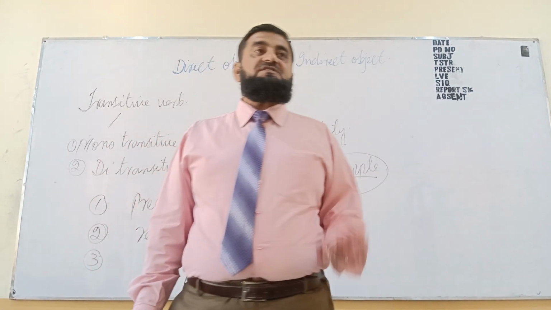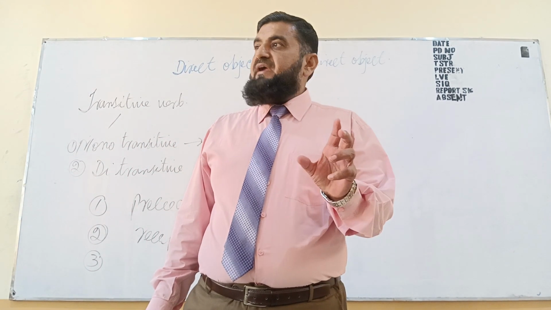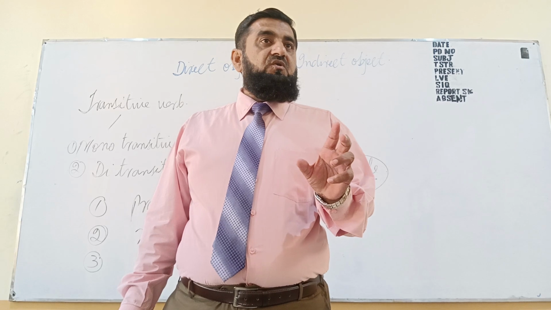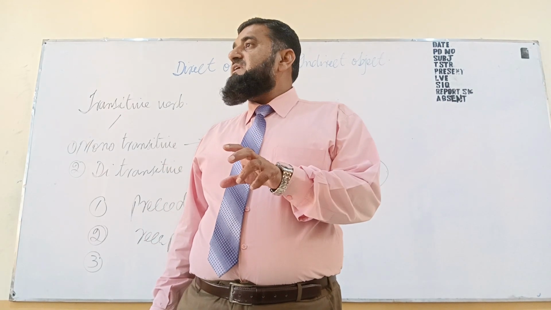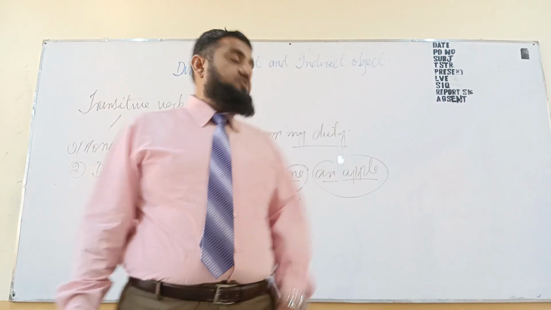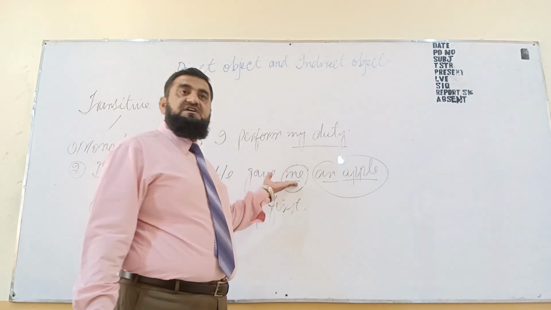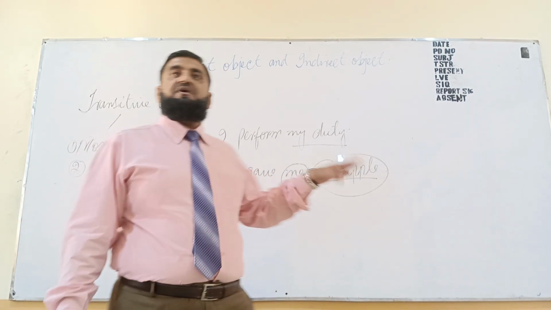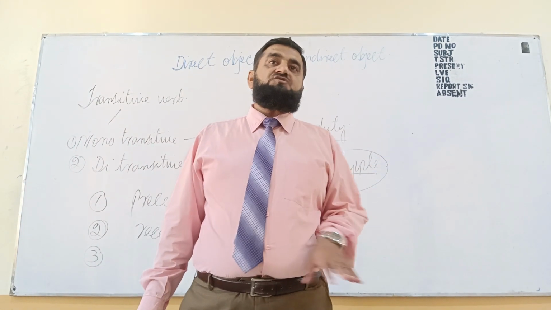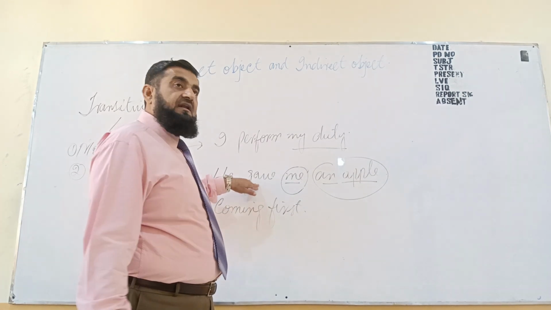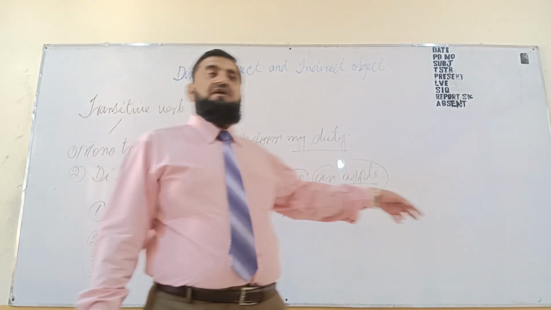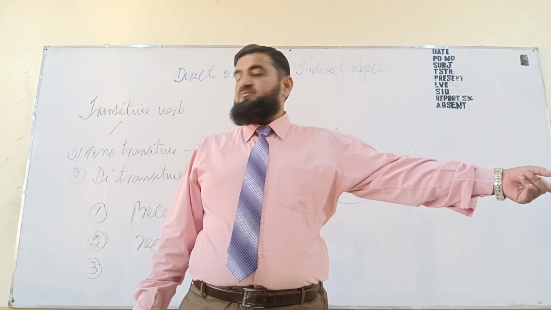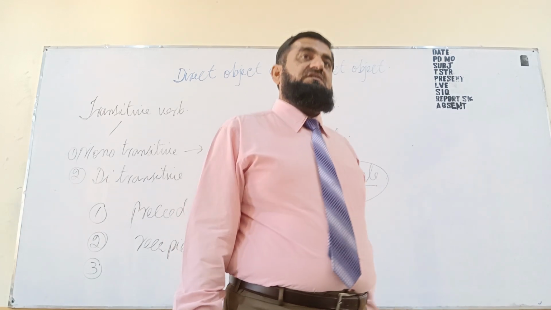Because we are changing its order, I have told you that when we change its position, we will insert "to". So, an apple was given by him to me, or to me by him. Both are correct.